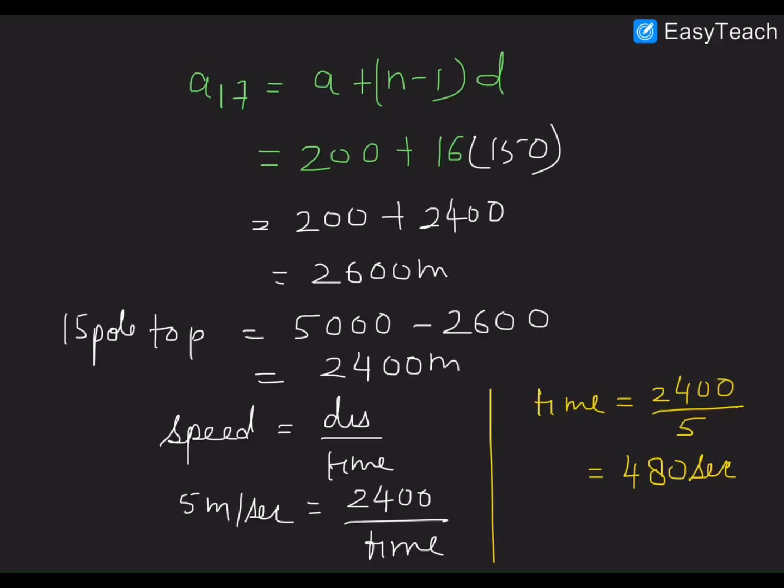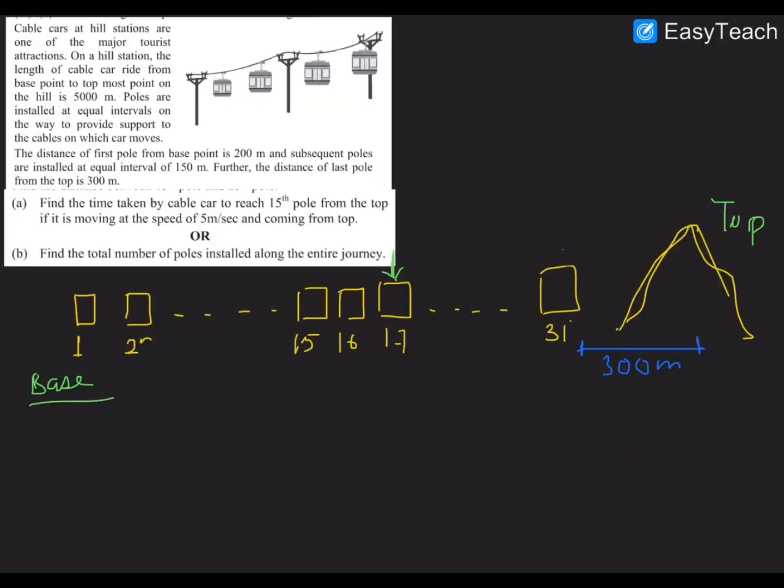I hope this is clear to you. Another way of calculating from the top: your hill is 300 meters away from the 31st pole, which is your first pole from the top. Another pole will be this, which is 150 meters away. Another will be here, again 150 meters away.